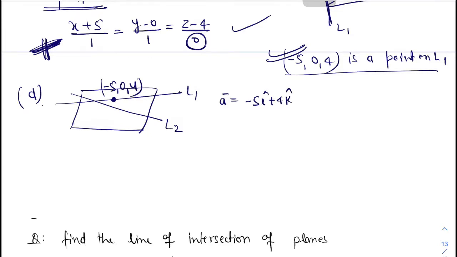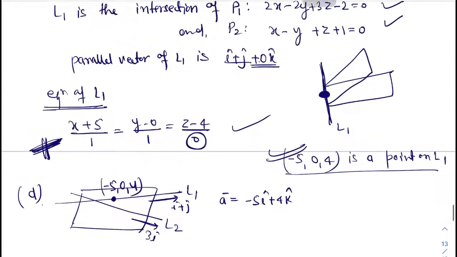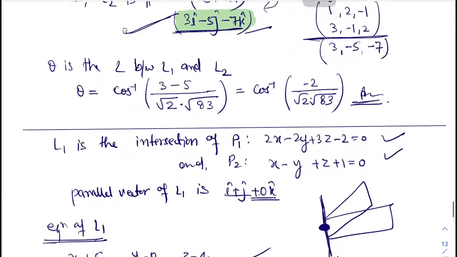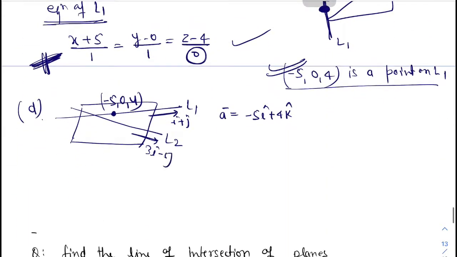The only thing is to find the normal vector of the plane. L1 was parallel to i cap plus j cap, L2 was parallel to 3i cap minus 5j cap and minus 7k cap.